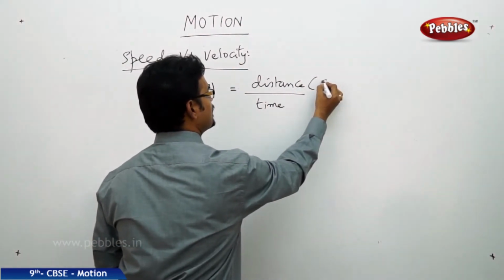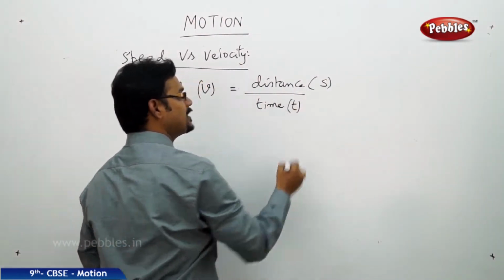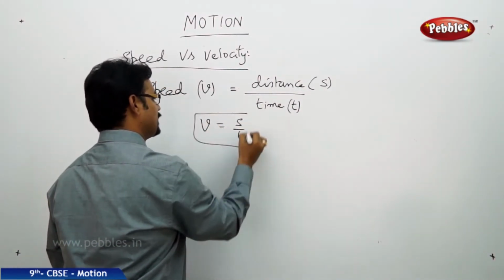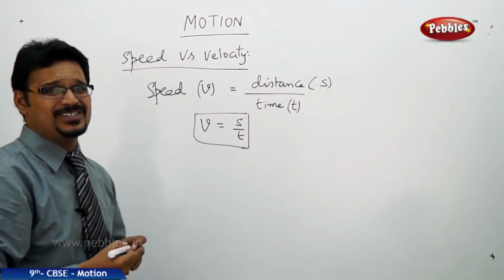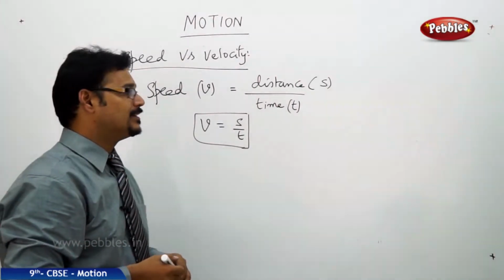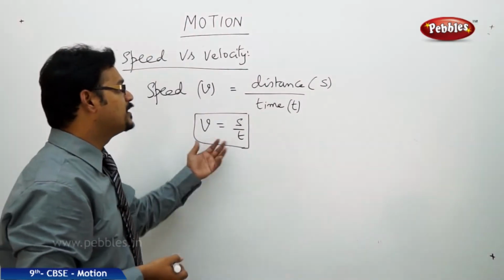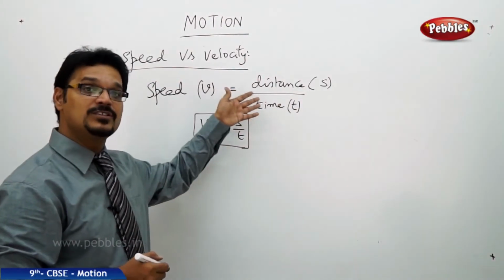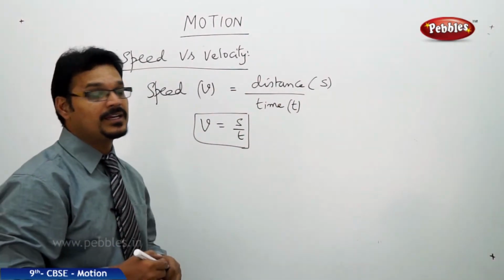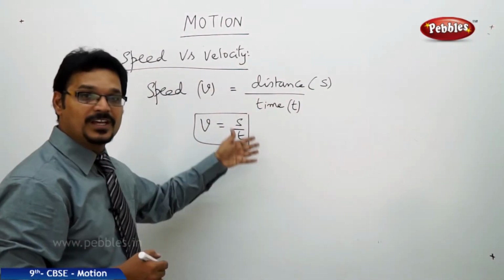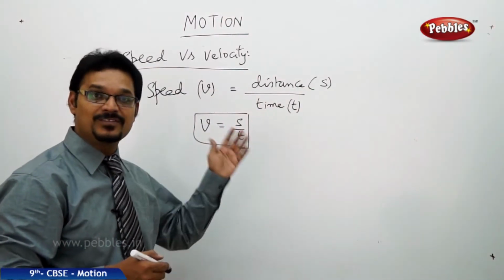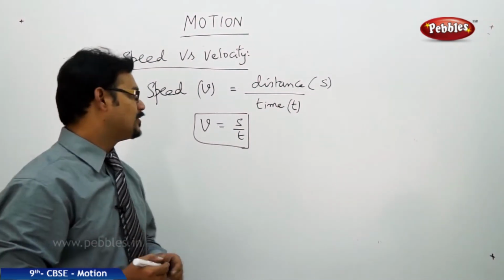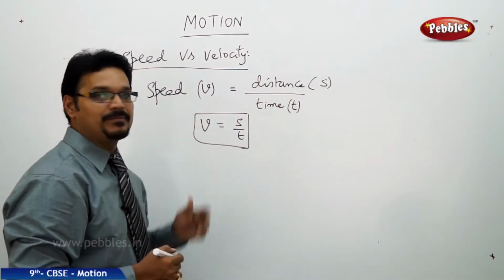Distance is represented by the symbol S, time is represented by the symbol T. So therefore the formula becomes V equal to S by T. There are many definitions for speed, but you should have clarity. Any definition you can take. Simply you can say speed is distance by time, or speed is the ratio of distance and time, or the rate of change of distance. So the formula is V equal to distance by time, S by T.